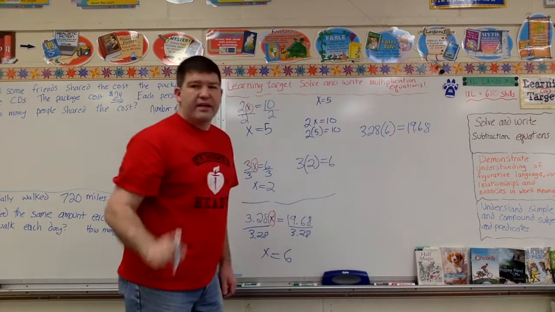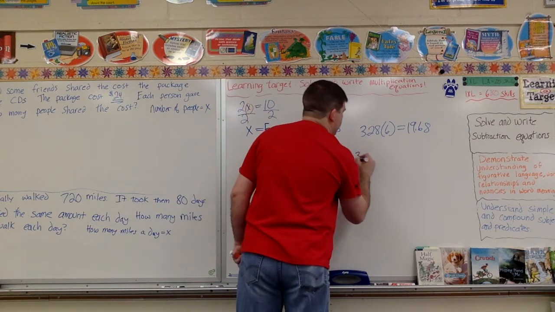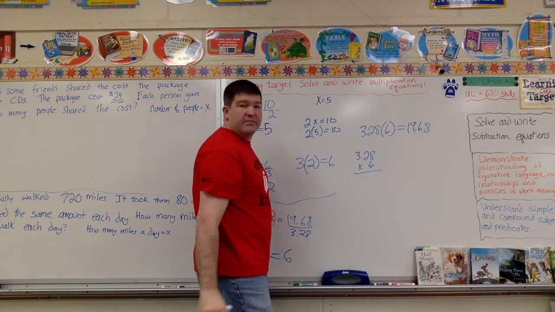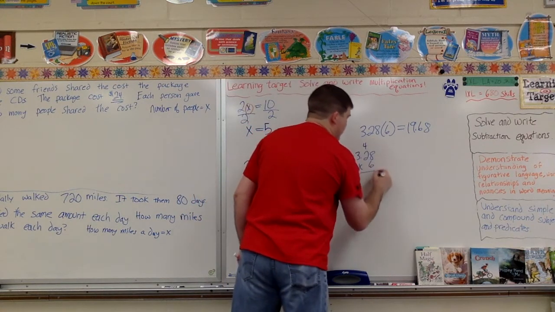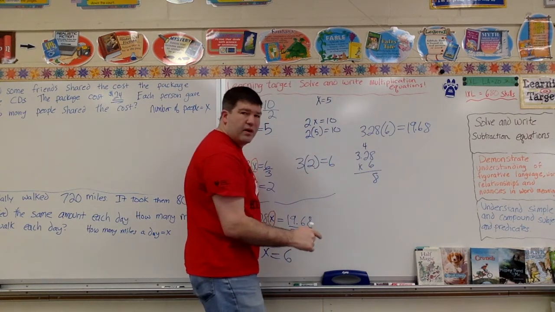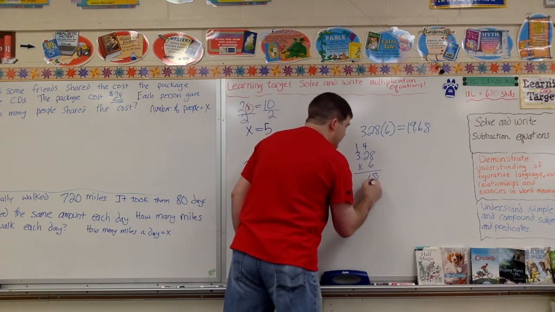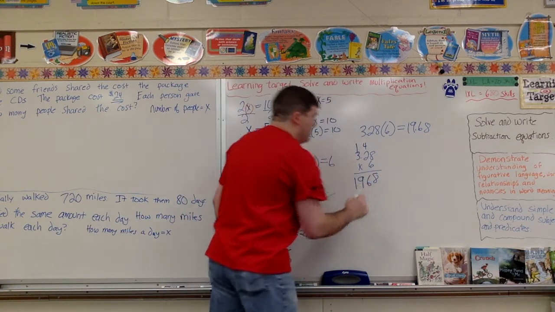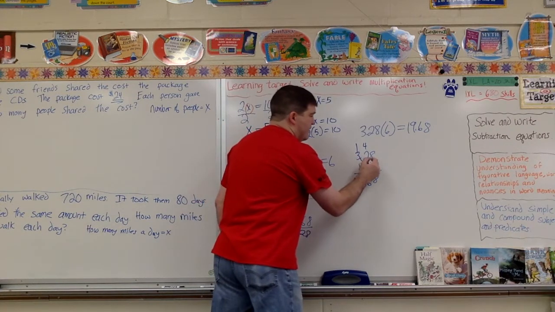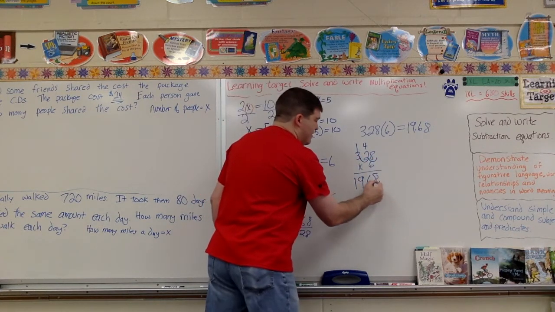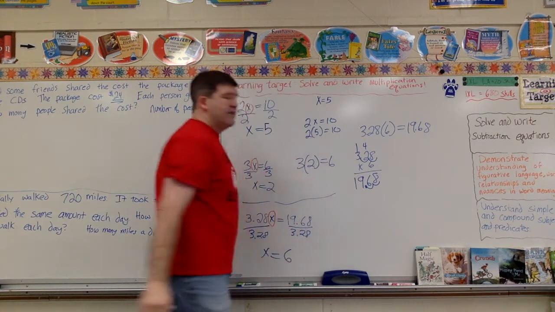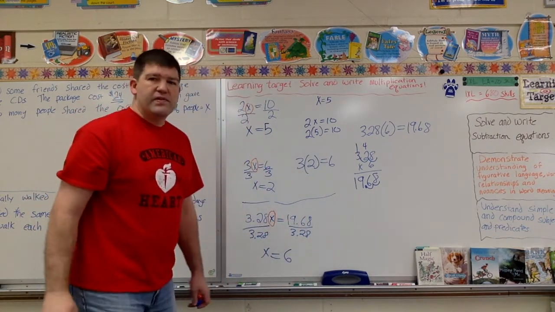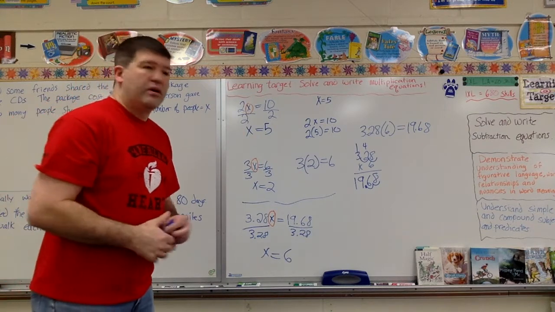I want to make sure that is right, so I'm going to do 3.28 times 6. 6 times 8 is 48. 6 times 2 is 12, plus 4 is 16. 6 times 3 is 18, plus 1 is 19. And then I have to move my decimal over 2 places. I get 19.68, which is what I wanted right here. Okay? So, we're all good.